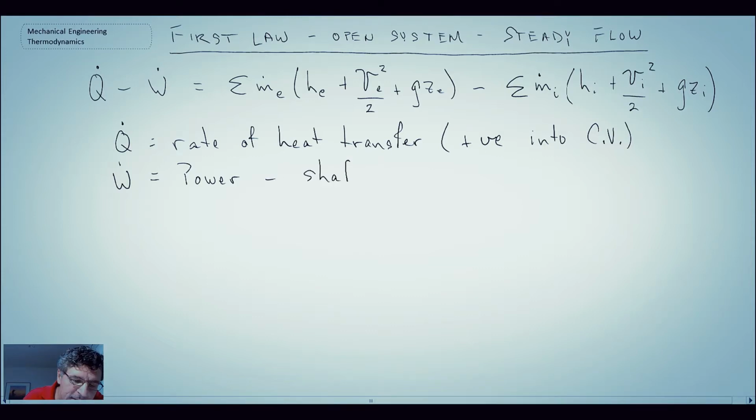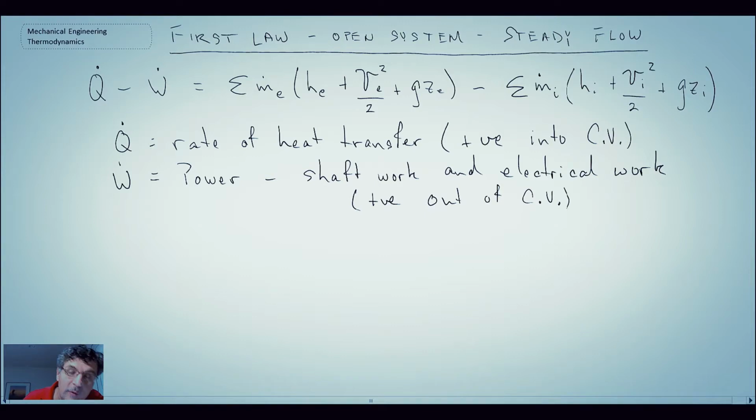So it could be shaft work and electrical work, or the other types that we've been looking at. And we will use the convention with that being positive out of the control volume. So we put the heat in, and that is positive. Work is being done by the system, and that is positive.